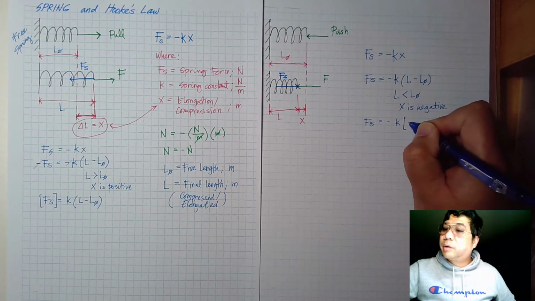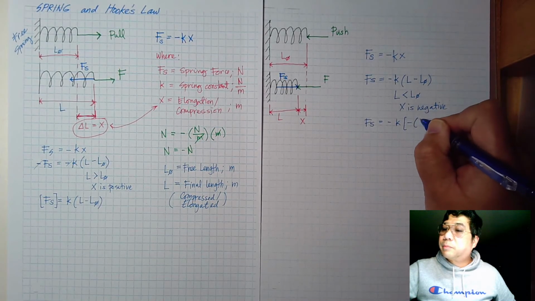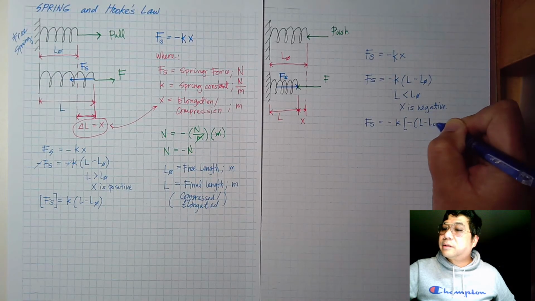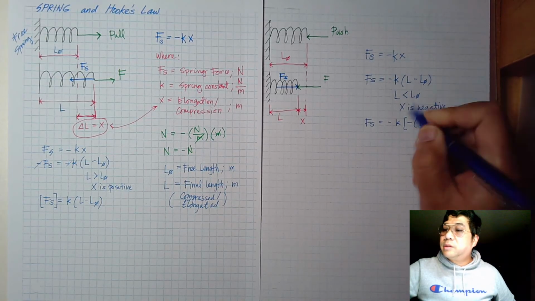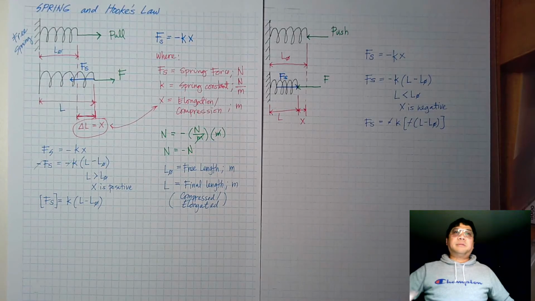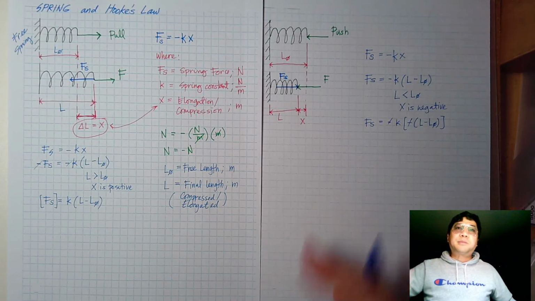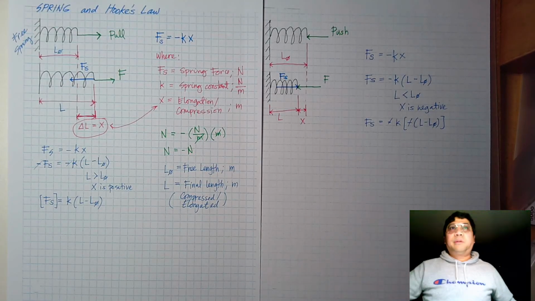So what I'm going to do, I'm going to put negative, put the brackets over here, L sub naught. So negative times negative will give us a positive answer.